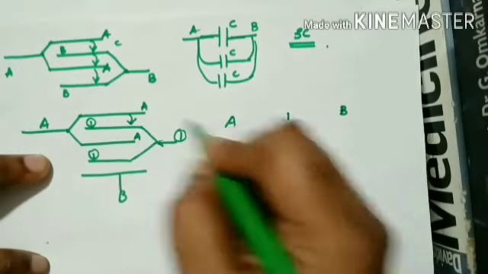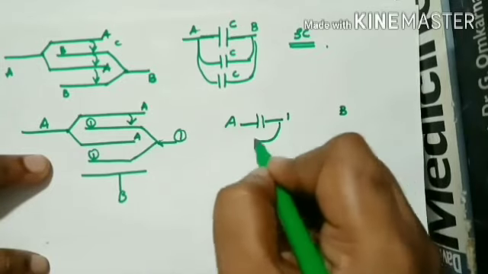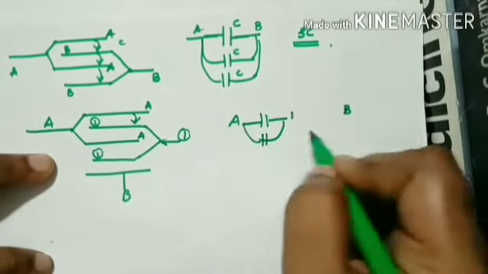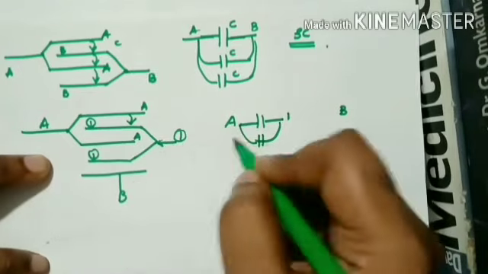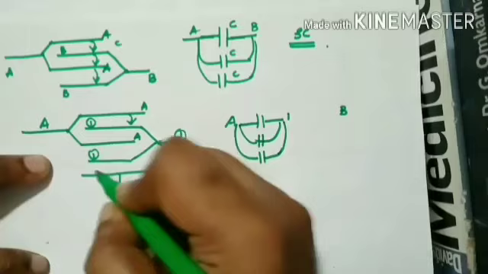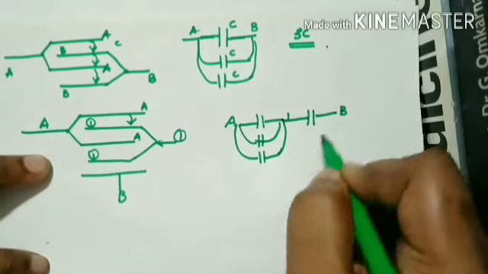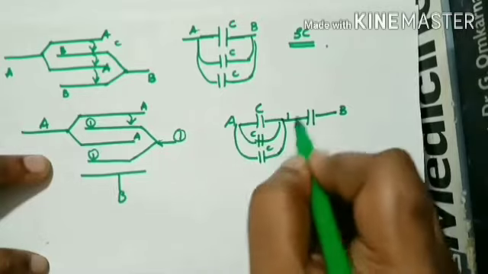You are going to move from A to 1, then 1 to A, 1 to A, then A to 1 again, a capacitor. Then you are moving from 1 to B. Now you can calculate the equivalent capacitor by yourself.